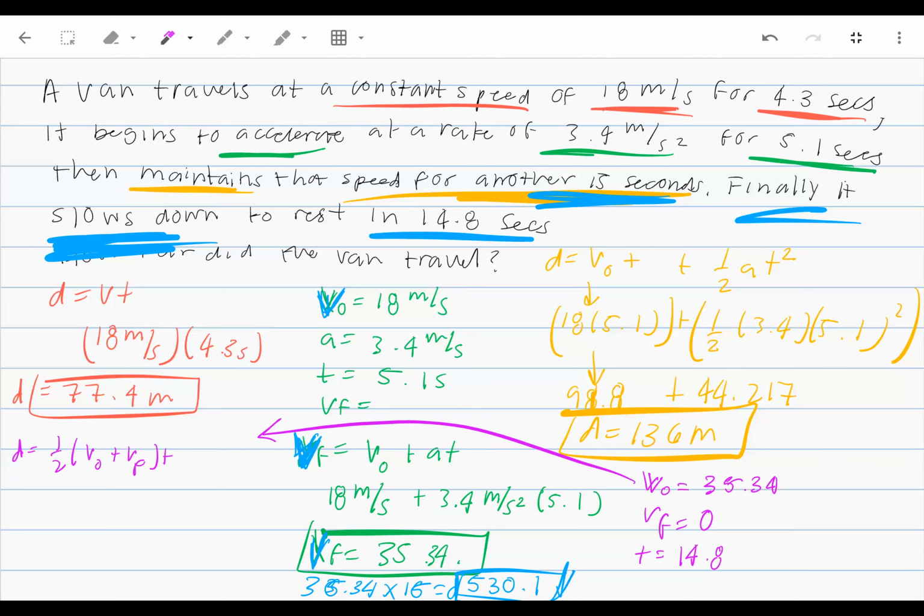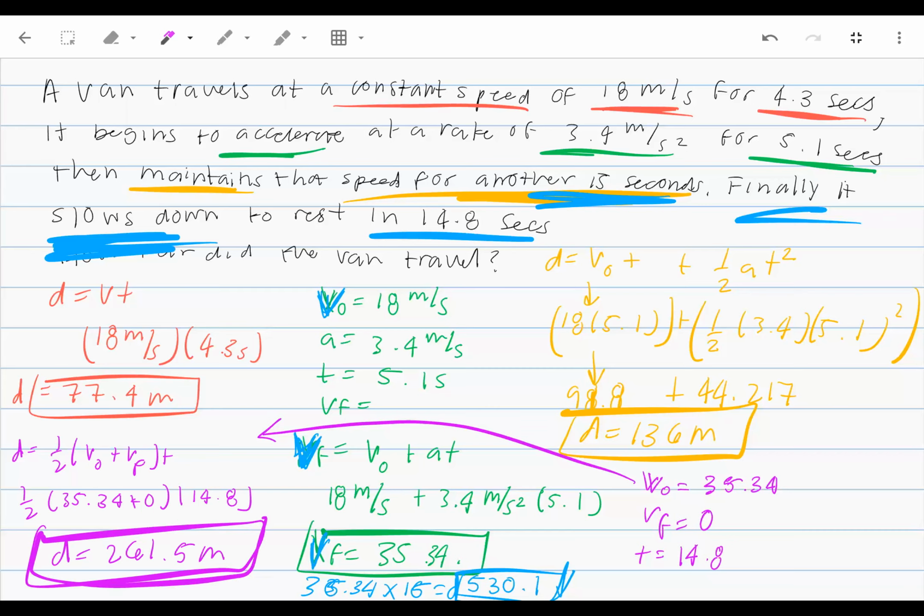Again, you plug them in, so you get 1/2 times 35.34 plus 0 times 14.8, and then you get the total distance of 261.5 meters. So now, this is where the actual answer comes in.